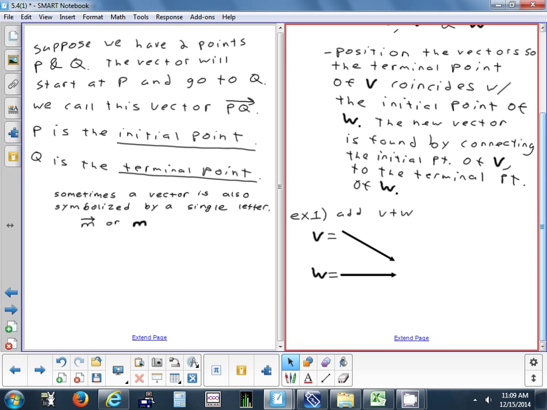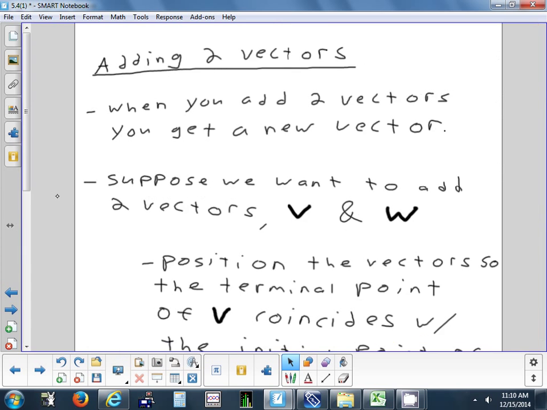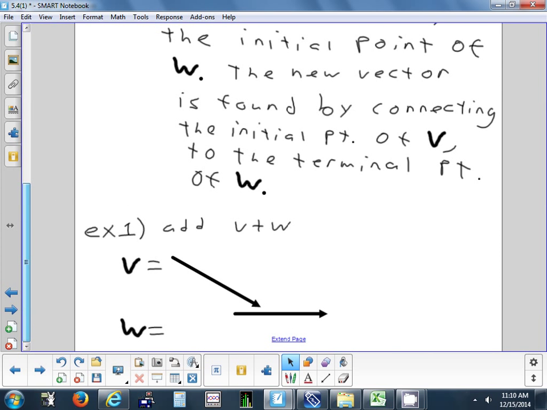Okay, so let's do what the directions say. We're going to line up the end point of v, the terminal point of v, with the initial point of w. So move those two vectors so those 2 points are right on top of each other. Just like that. Now you're basically just going to draw in the diagonal, and that's your answer.